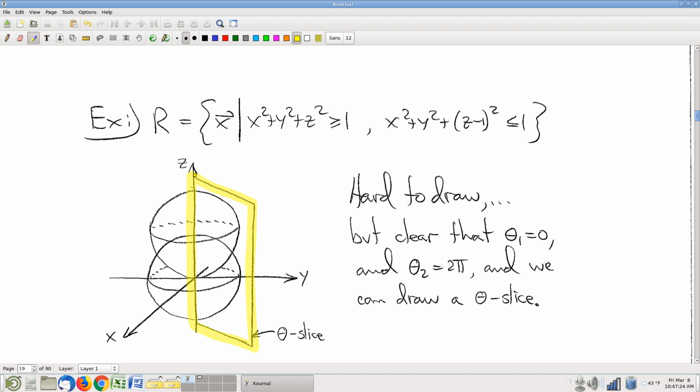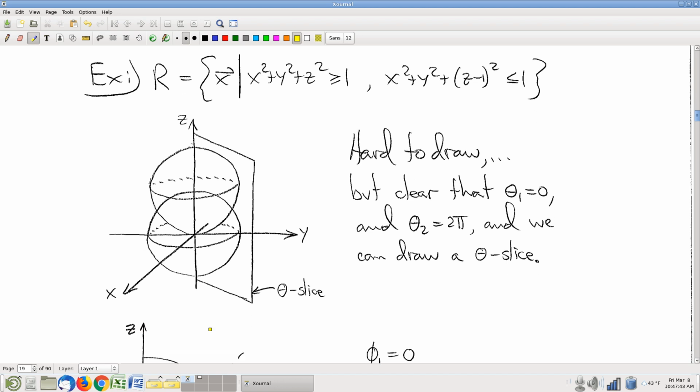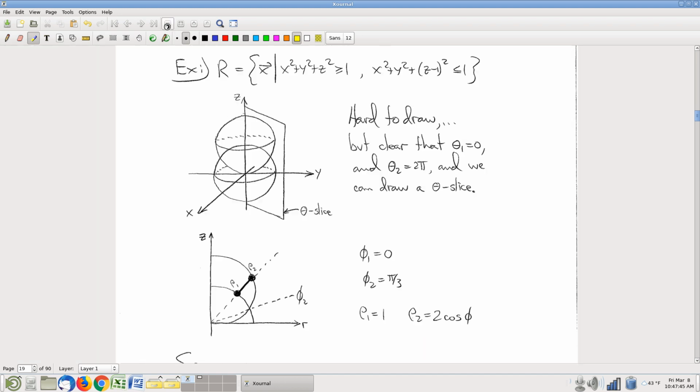How do I draw an angled slice of a solid that I could barely draw on its own? And this is hard. Here's the trick. Note you don't have to draw a slice of the hard solid. What you can do is draw instead slices of the original spheres.